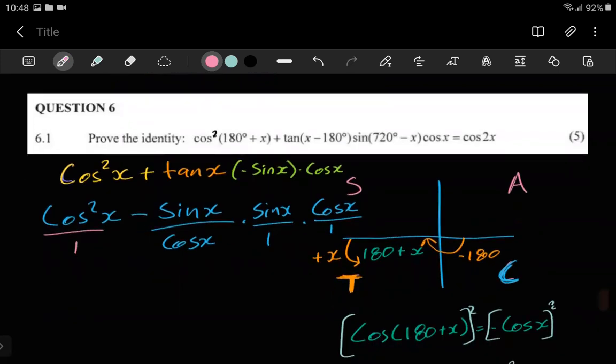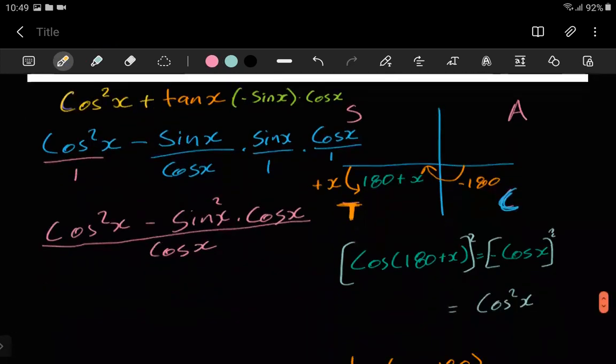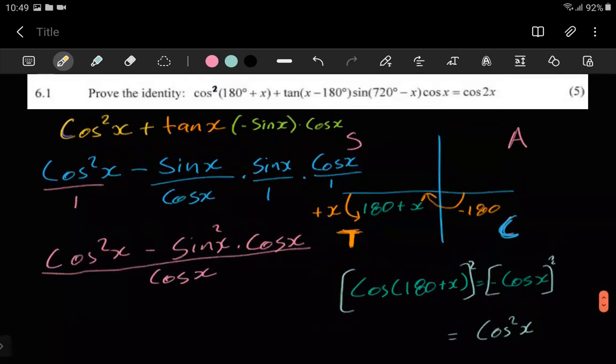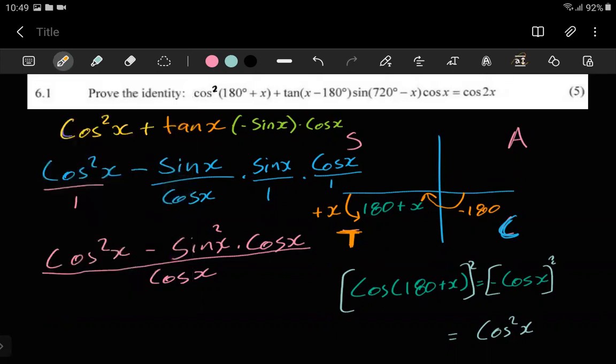So here now you have cos squared x minus, sine x times sine x is going to be sine squared x, and then times the cos there, and then cos x is down here. From here, we need to at least try and carry on, and do whatever we can to make sure that we end up with this.